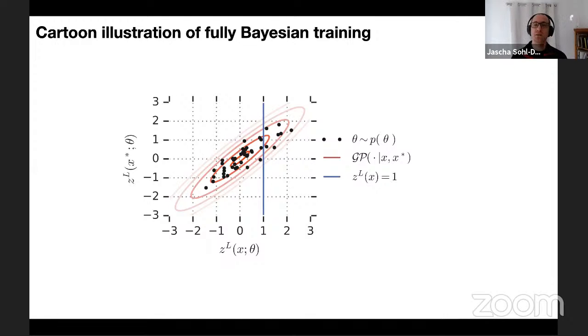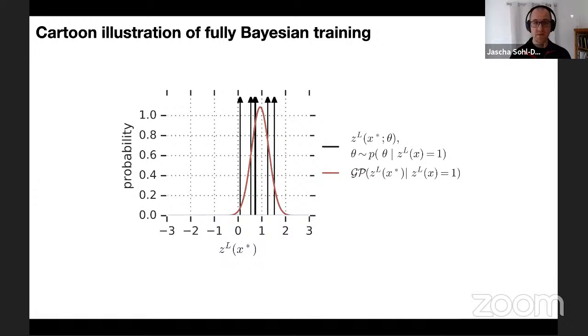We also have 2 equivalent ways of writing any conditional or marginal or posterior distribution, which is derived from this joint. For instance, one way in which we can make fully Bayesian predictions is to draw parameters from the posterior distribution over parameters given the training data, and then evaluate Z capital L for the test point for each of those parameter values.